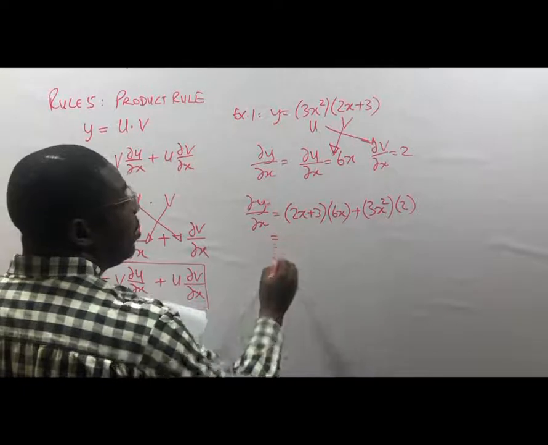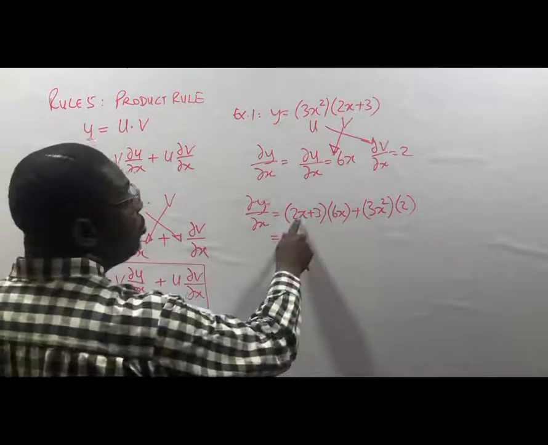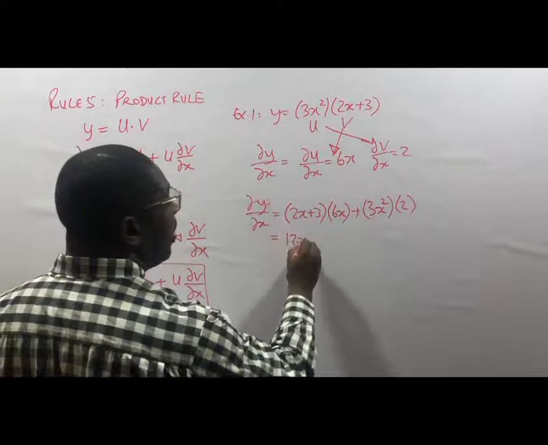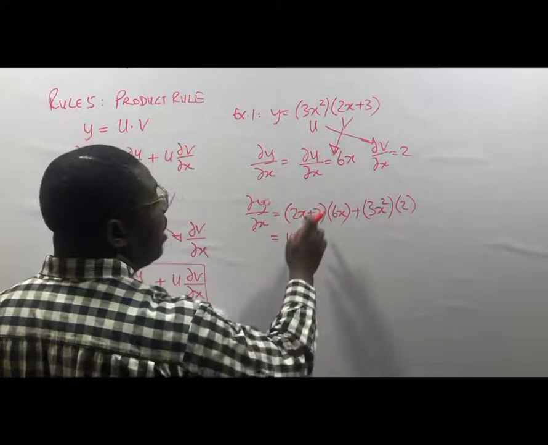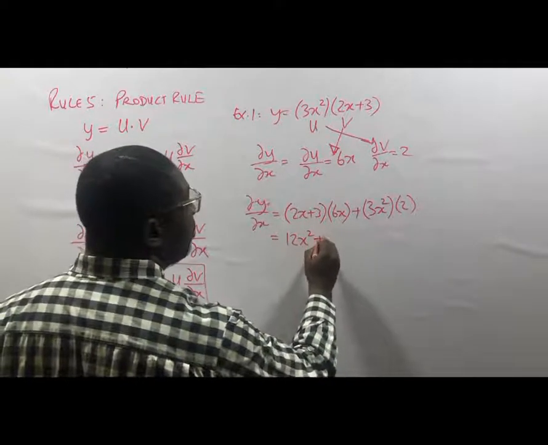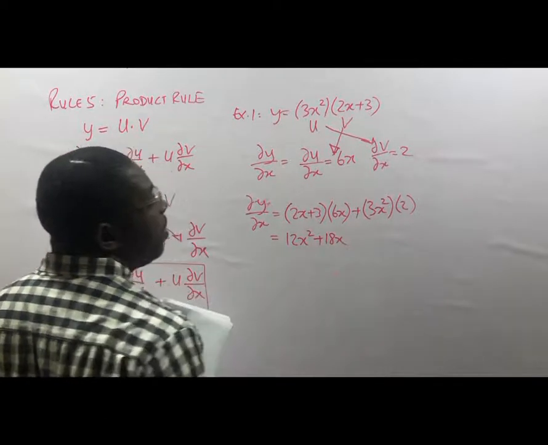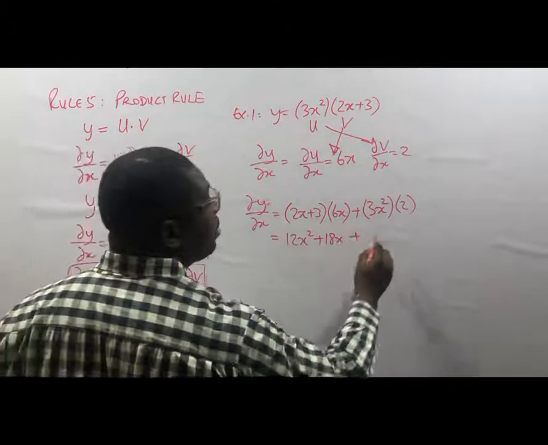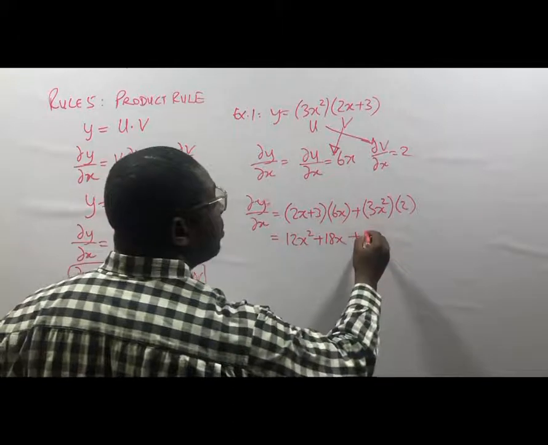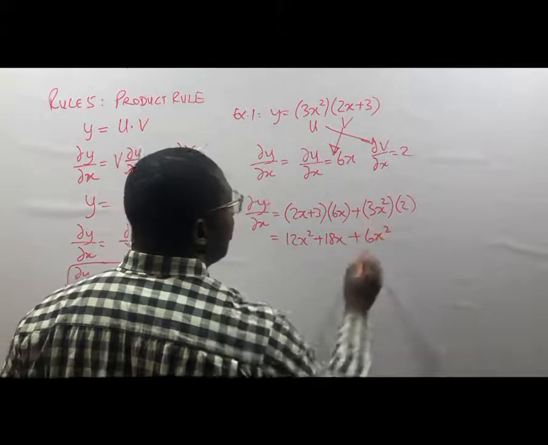Let's multiply through: 2x times 6x will give us 12x squared. Now 3 times 6x will give us plus 18x. We'll continue with plus 3x squared times 2. That will give us 6x squared.